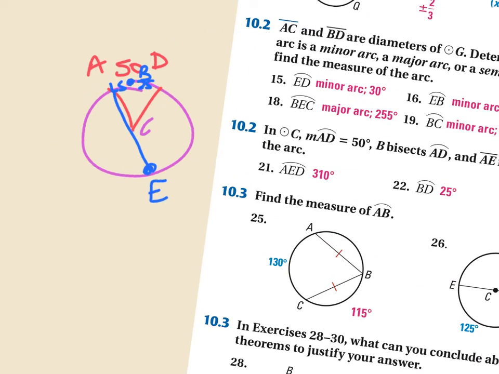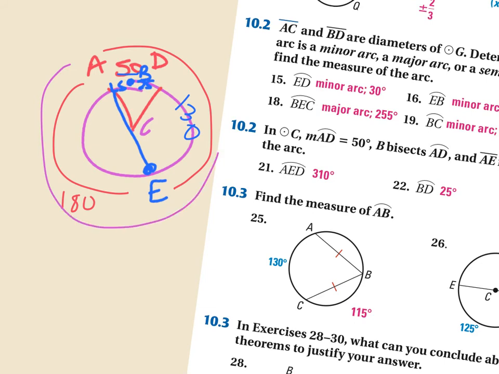So this would be 180 degrees, which would mean this is also 180 degrees. Subtract the 50 from it, it's 130. So AED, remember the order of the letters is important. AED goes all the way around except for the 50, so I would subtract the 50 from 360, making it 310.